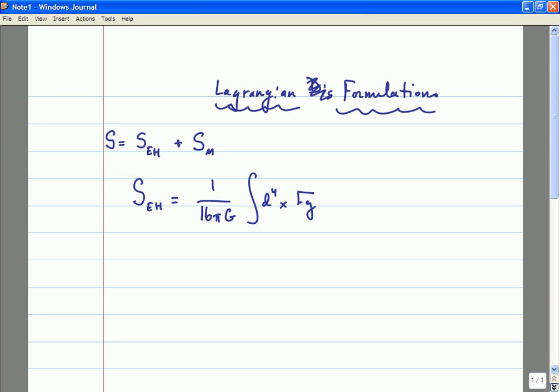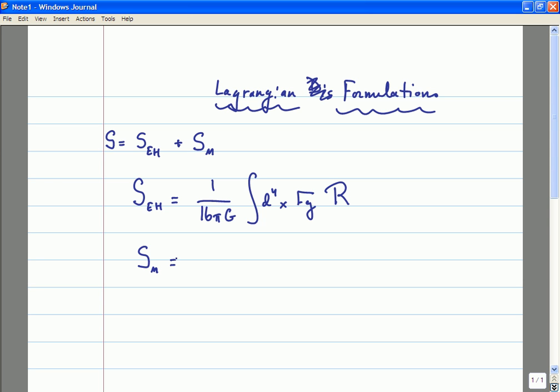And the only scalar you can construct, which is second order in derivatives of the metric, is the Ricci scalar. So this leads us to conjecture that the integral of the Ricci scalar is the appropriate action of general relativity.